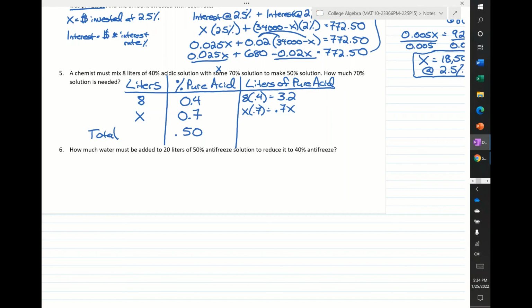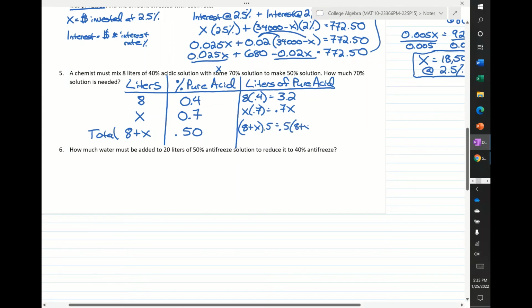So we just add the first one plus the second, and that would be 50%. So 8 plus X times 0.5 is equal to, so we could just distribute the 0.5. And that comes out to 4 plus 0.5X.